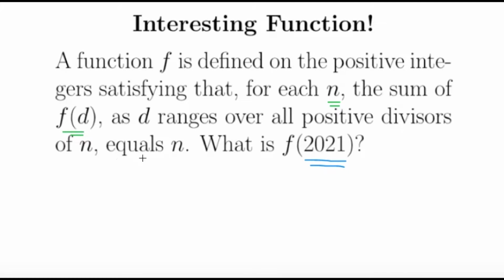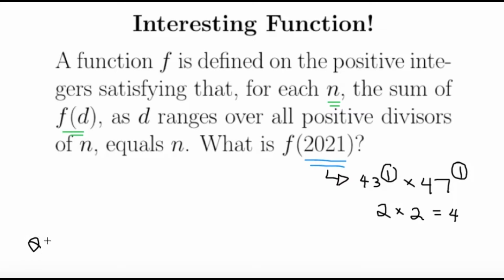We know that we can do that since 2021 is a product of two primes, 43 raised to 1 times 47 raised to 1. We take the exponents and add 1 to each, so it becomes 2 and 2. We multiply them, and we know that 2021 has 4 positive divisors. So we can write 2021 as a sum of 4 f of d's.